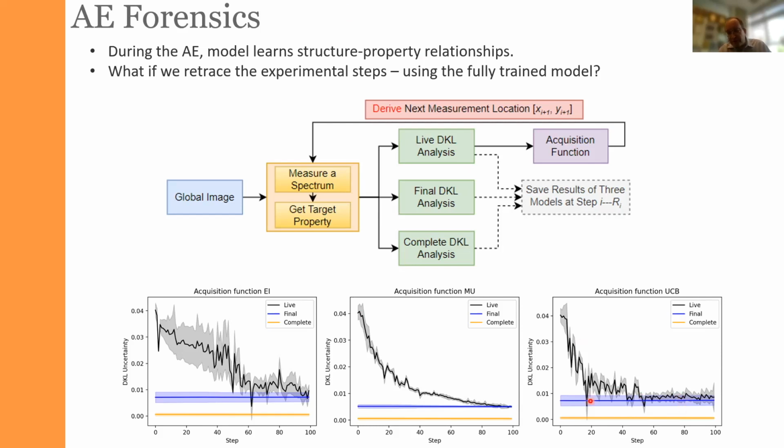So if you compare the uncertainties for the final model, it remains remarkably broad. The complete model is obviously the same in all cases because it's trained on the full amount of data. We don't select. And for a more greedy function like EI, the situation is even worse. In this case, our uncertainty decays fairly slowly, and the distribution becomes very, very broad.